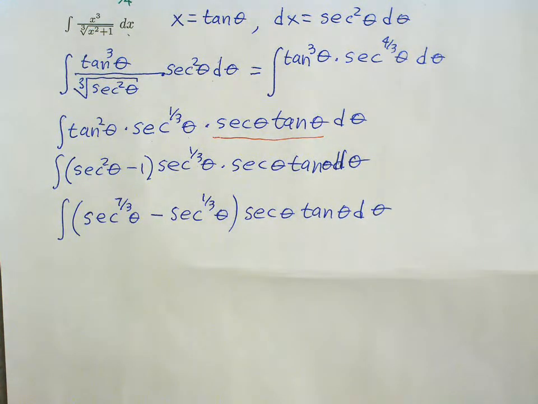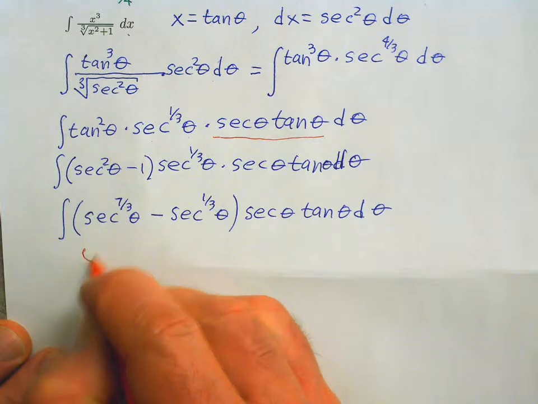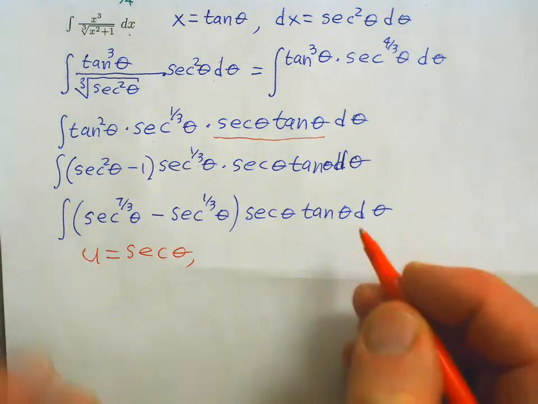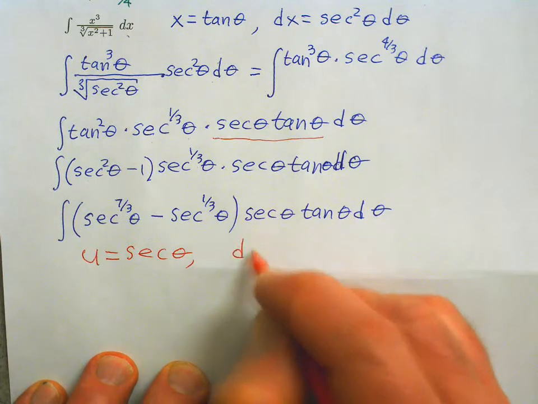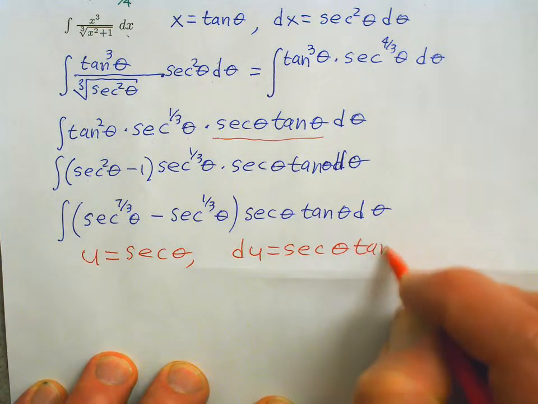Well, if you've done this a few times, you don't really need to do the substitution rule, or you don't have to go through all of the steps, but we'll do that anyway. Let's assign u to be secant of theta. And so du is secant of theta tangent of theta d theta.